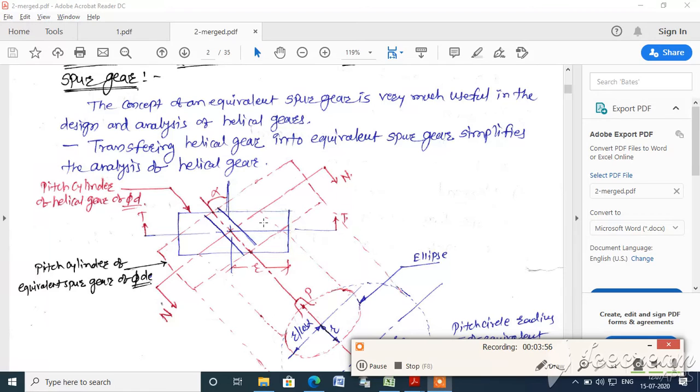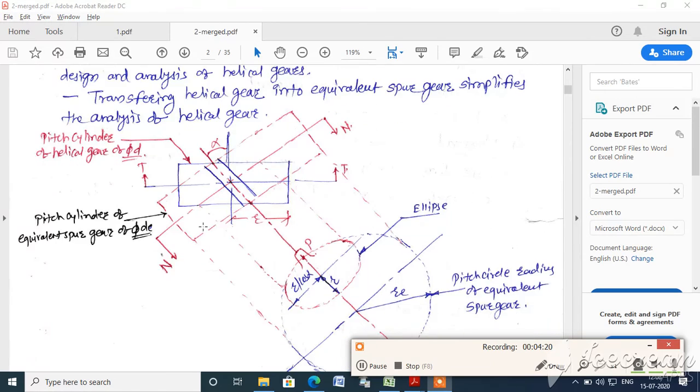So here this is the pitch cylinder of helical gear with diameter small d, and this dotted one is the pitch cylinder of equivalent spur gear of diameter DE, equivalent diameter, and D only diameter. For this, this is the radius R, and this alpha is the helix angle. So I have drawn the projections here.